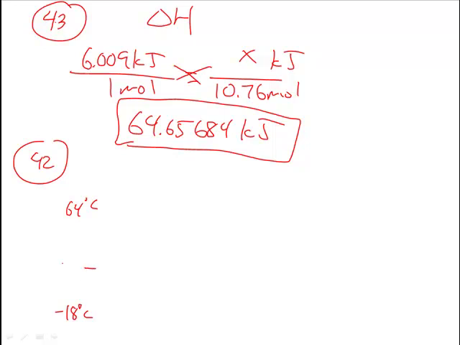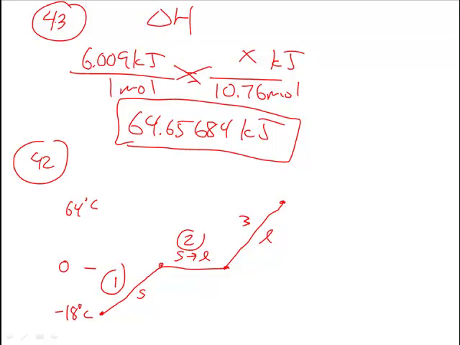So in order for this to happen, it has to go through a phase change at 0. So our heating curve would look something like this. There are 3 different steps. Here it's a solid, here it's a liquid, here it's going from a solid to a liquid. Step 1, step 2, and step 3 need to be done separately.